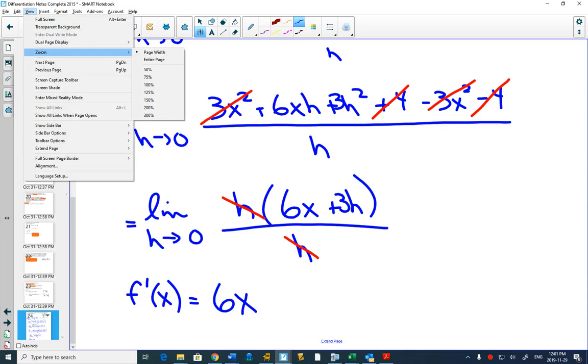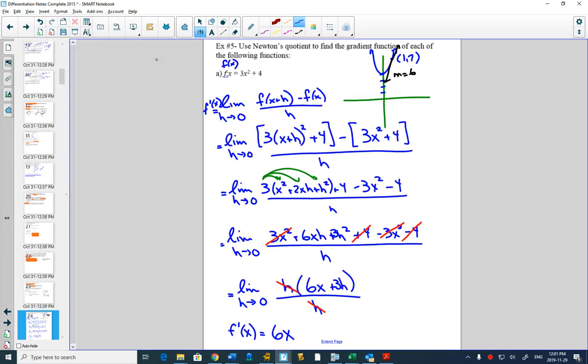View the entire screen right now. In other words, the slope of the tangent line is equal to 6x for every value of x. What value of x did I have at (1, 7)? My x value is 1. If you plug 1 into this equation, what do you get? 6.